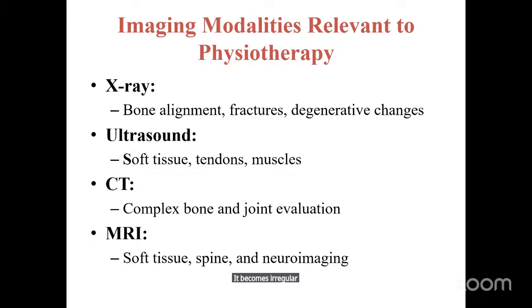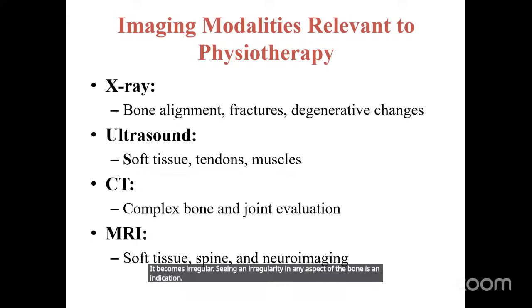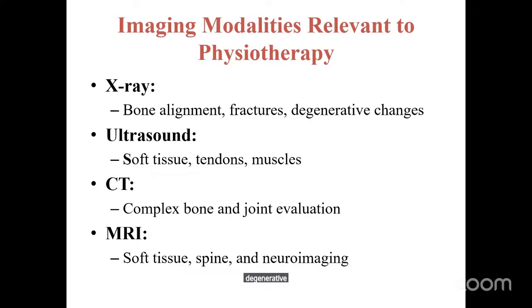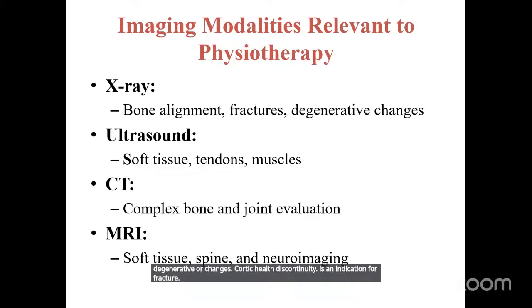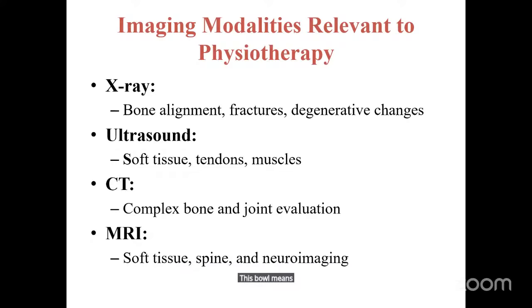Seeing an irregularity in any aspect of the bone is an indication of degenerative changes. Cortical discontinuity is an indication of fracture. Bone misalignment, especially in joints, is an indication of dislocation. Are we together? Yes, sir. Thank you.